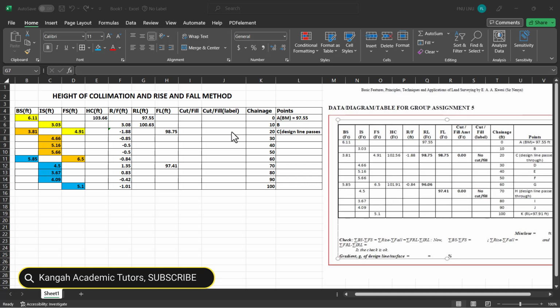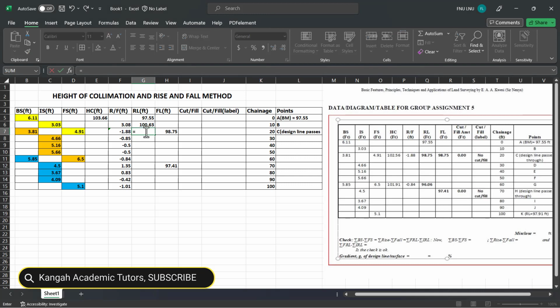Now you're going to compute the reduced level for change 20. I will take this one, then plus this one, and plus minus because here is a negative value. Then I'll compute, and you will get 98.75. You can see in the question here that they also had 98.75 as their reduced level for change 20.